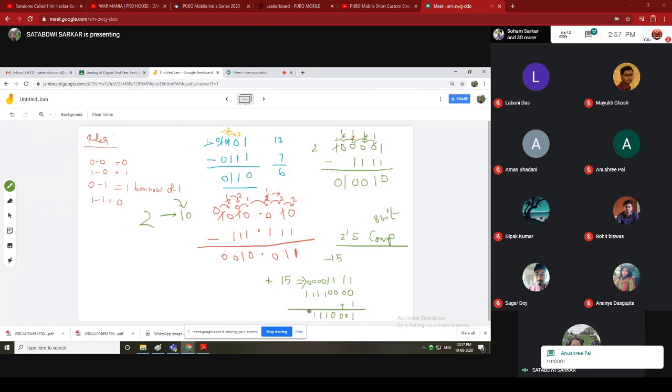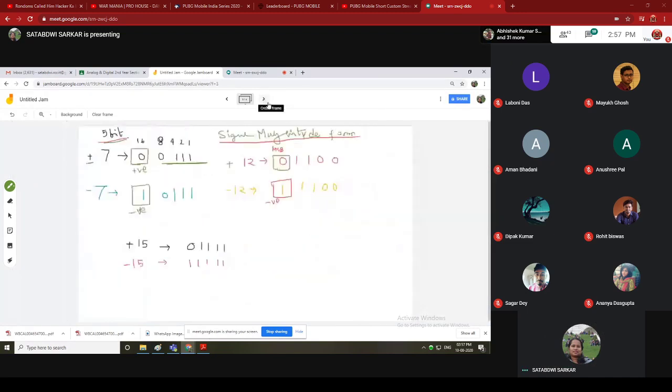This result is in 8-bit representation, and this is the 2s complement of minus 15. You must mention this as the 2s complement of minus 15. And this is the 5-bit sign magnitude representation of minus 15.